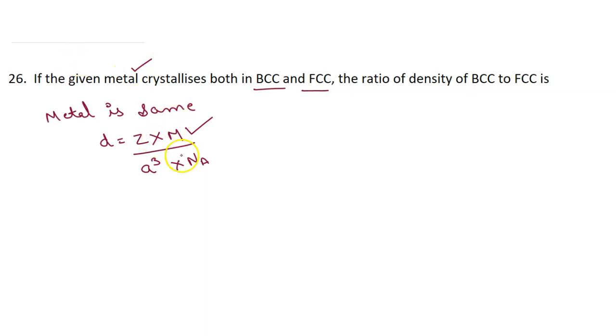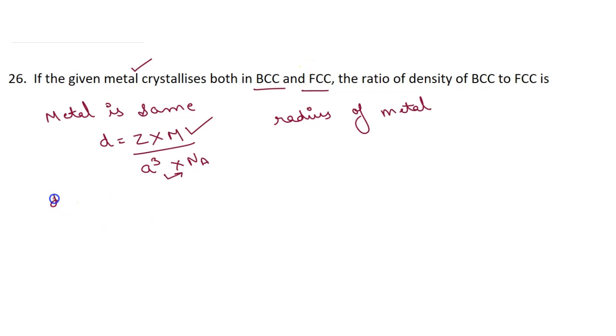Now the difference arises in the number of effective atoms and the edge length. If the metal is the same, the radius of the metal should be the same. So we have to derive the relation between edge length and the radius in BCC and FCC.